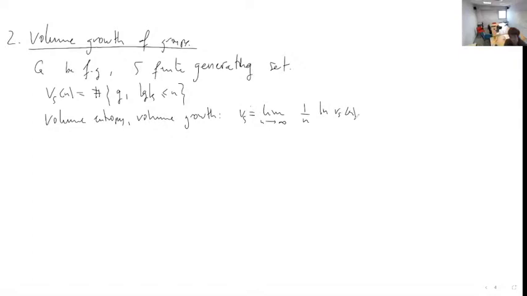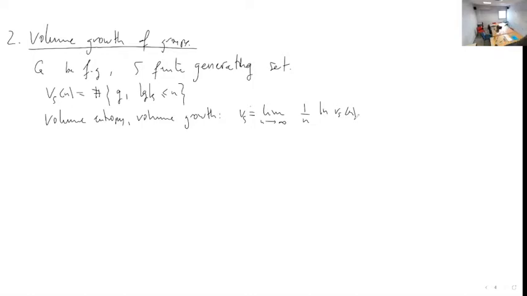It turns out that this limit always exists because this sequence is sub-multiplicative. This is in the exercises. I have a whole sheet of exercises called growth of groups, and it's really devoted to studying the basic properties of this. So I just want to tell a little bit about it before you start working on it.